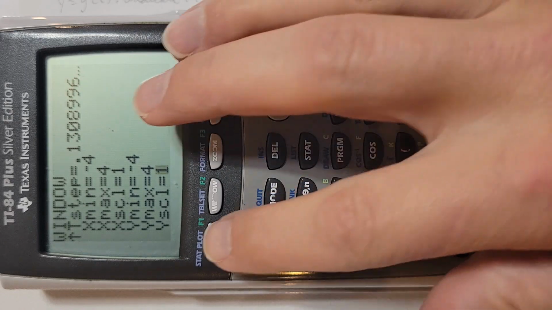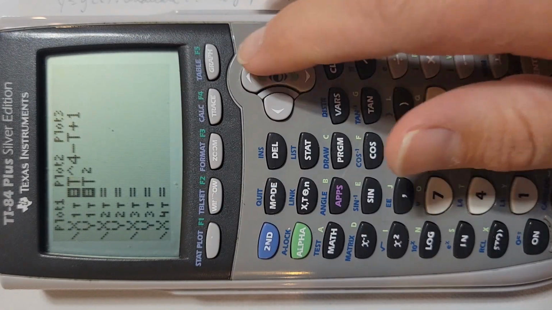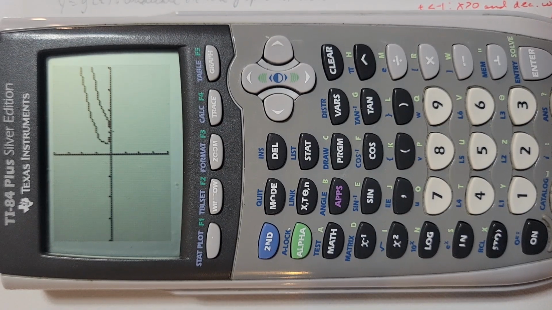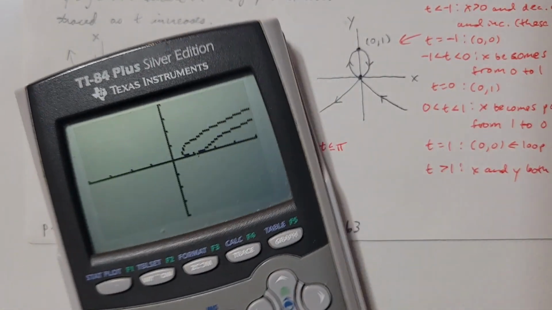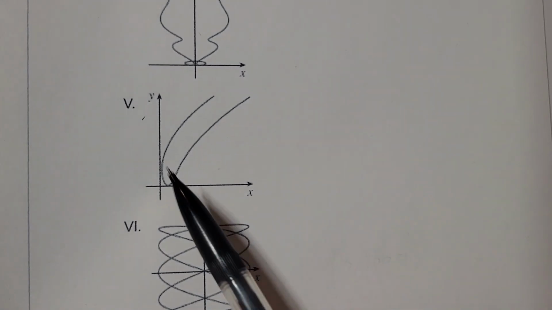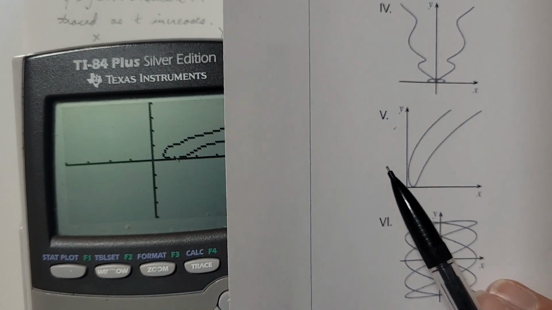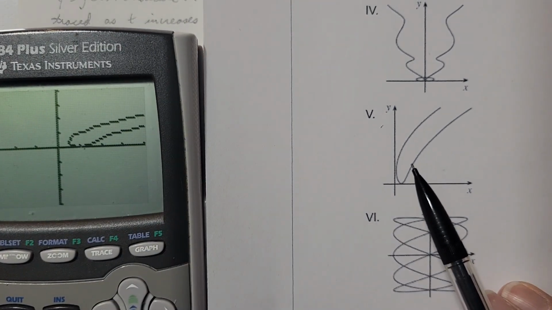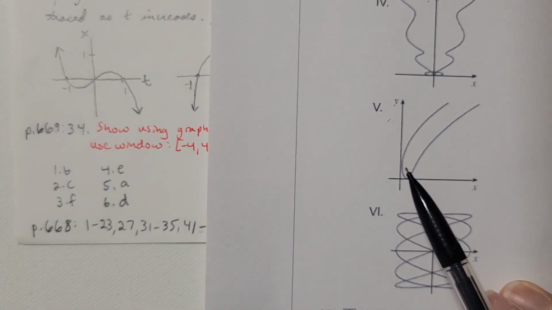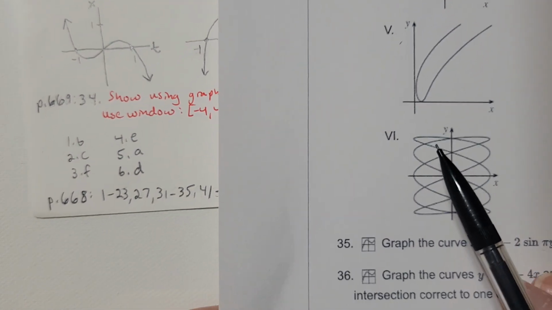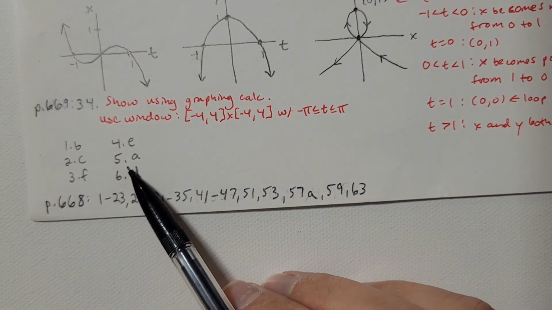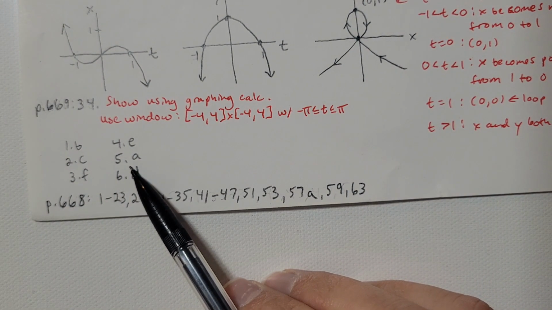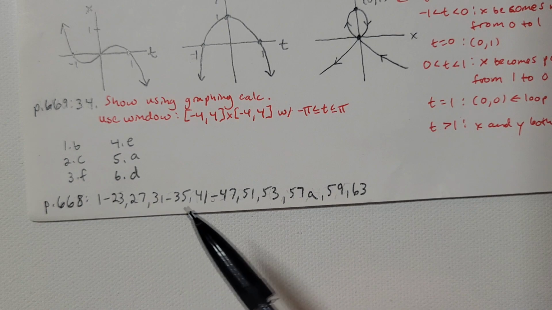Okay, so then if I hit graph, which curve has that graph there? It looks like it's going to be this one. So the information in graph 5 is going to go with A. Okay, so I've got that.